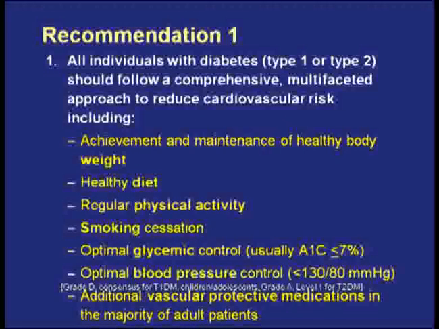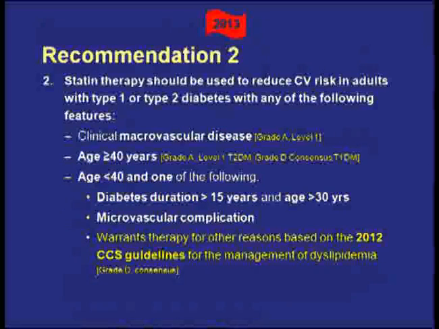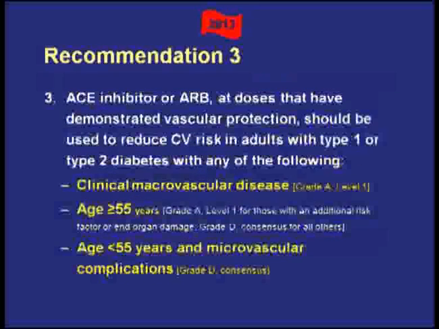Recommendation 1: all individuals with diabetes, type 1 and type 2, should follow a comprehensive multifaceted approach to reduce cardiovascular risk, including all these parameters. Recommendation 2: statin therapy should be used to reduce CV risk in adults with type 1 or type 2 diabetes with any of the following features in hypertensive patients: microvascular disease, age above 40 years with type 2 diabetes, age under 40 years with diabetes duration more than 15 years.